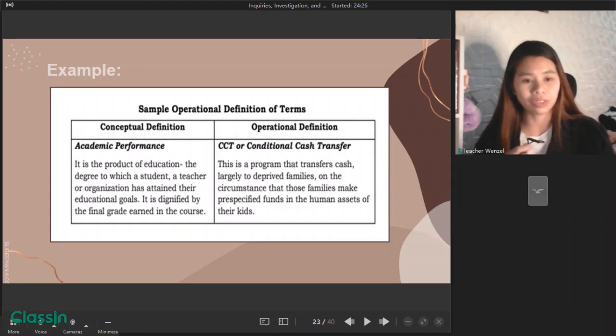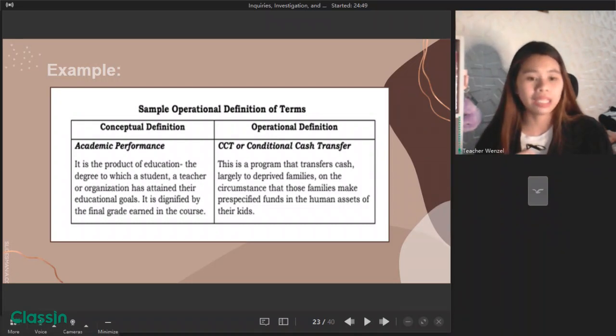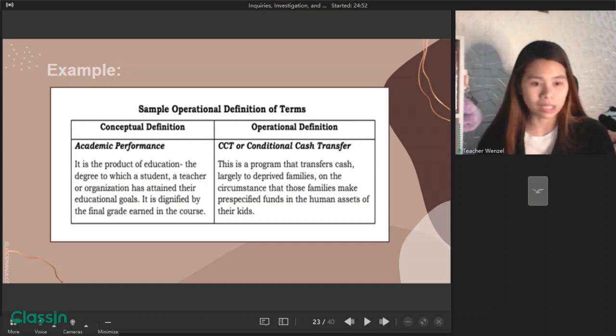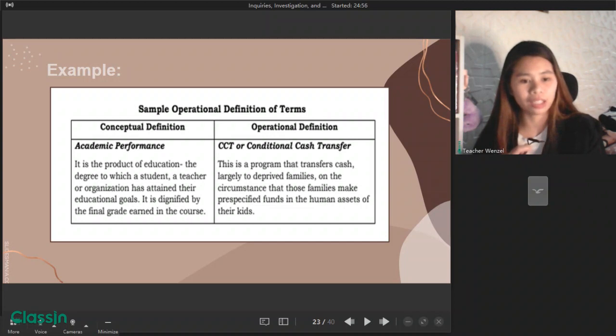For a simple example, good student in conceptual definition means a top student or an intellectual one. In operational, the phrase good student was used to define a student that has reached a high score in the survey. It doesn't necessarily mean that they are top students, but they just happen to have a high score in the survey. Do you get that?